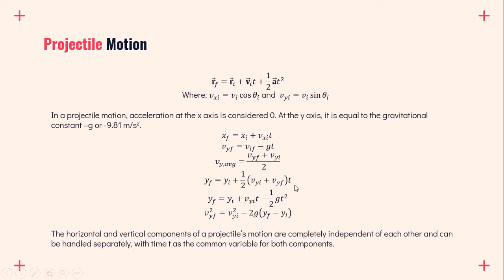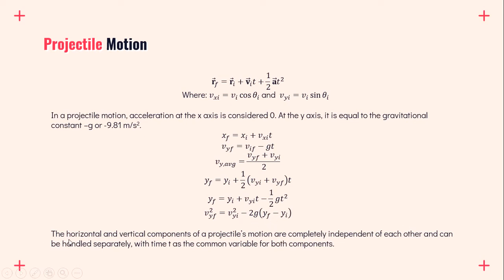Then yf is equal to yi plus 1/2 (vyi plus vyf) t. Yf is equal to yi plus vyi t minus 1/2 g t squared, you know this. Then vyf squared is equal to vyi squared minus 2g (yf minus yi). This is just vf squared is equal to vi squared plus 2as, where s is the displacement.